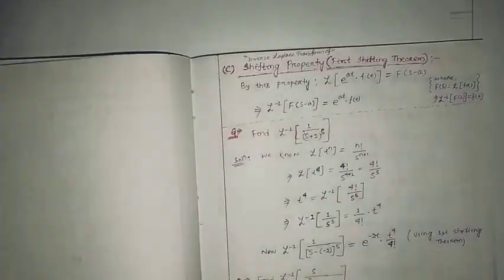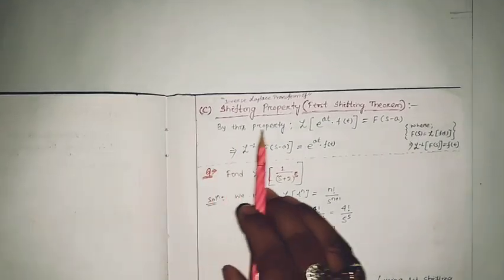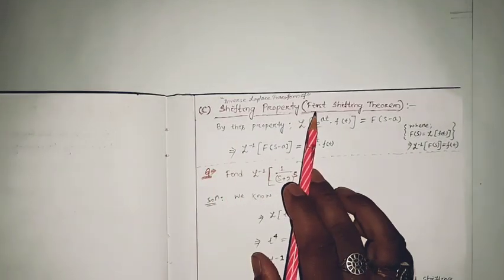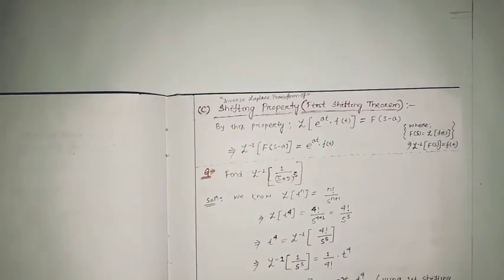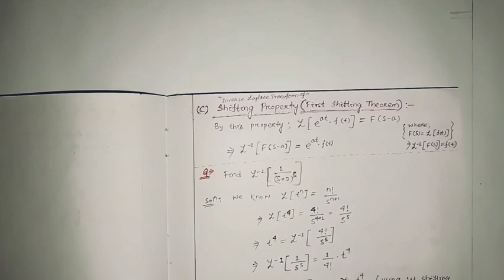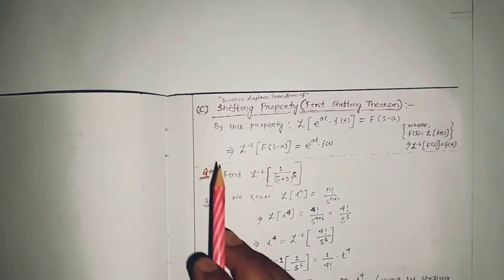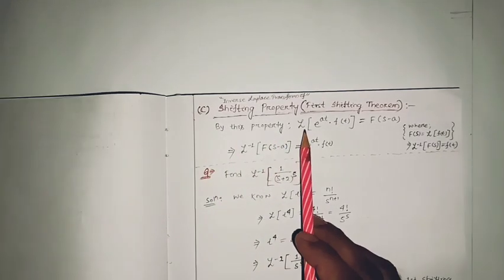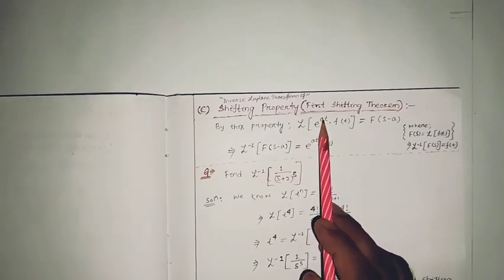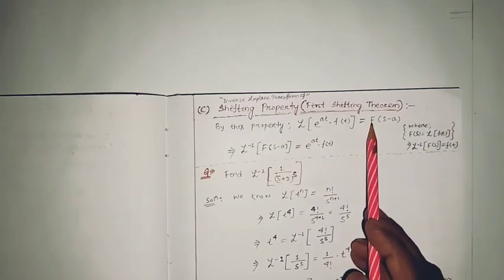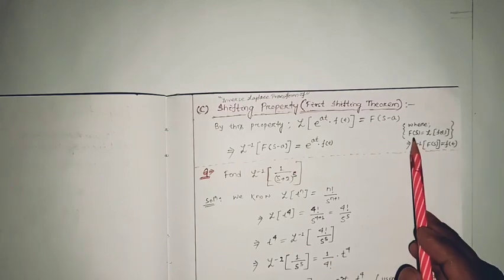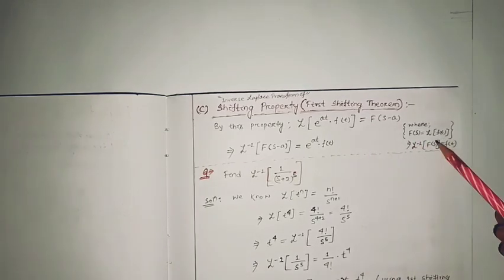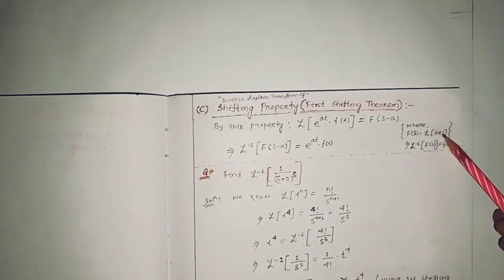Okay. Next we are going to go for the shifting property, also known as the first shifting theorem, corresponding inverse Laplace transform and numericals. By this property we know that the Laplace transform of e to the power at into f of t equals capital F of s minus a, where capital F of s is nothing but the Laplace transform of f of t.